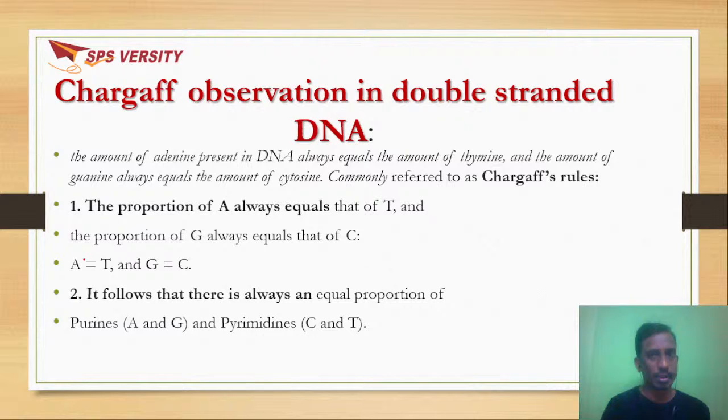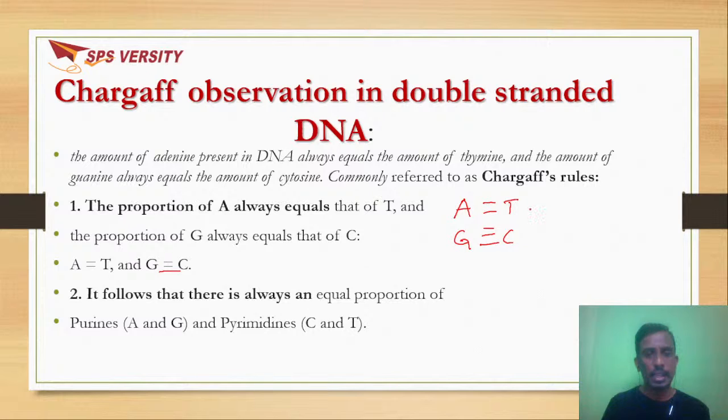So when we come to DNA specifically, as in DNA there are two strands, a bond is always formed between A, T and G, C. That is, between A and T, 2 hydrogen bonds, and between G and C, 3 hydrogen bonds are formed.